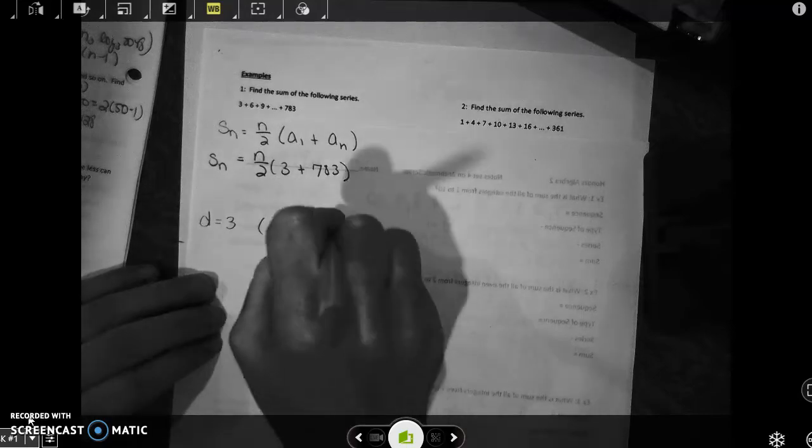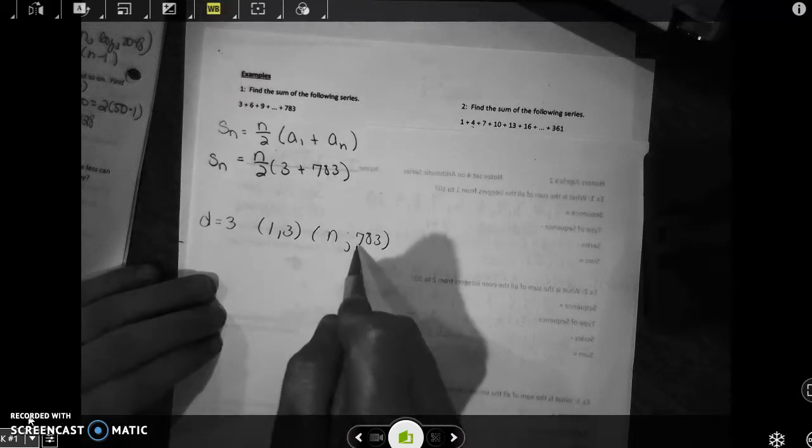And I know that the last term, a sub n, has a value of 783. So I actually have ordered pairs, since arithmetic sequences are represented by lines. Oops, I wrote this wrong. Back up. This should be n, comma, 783. 783 is the value of a sub n. Sorry about that.